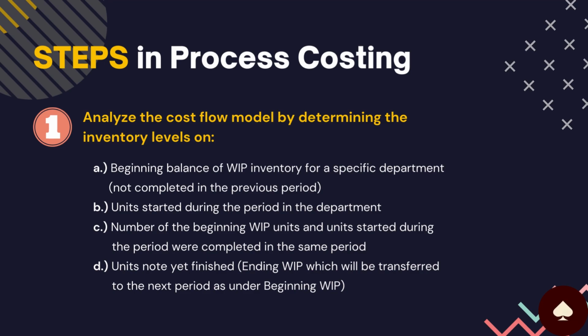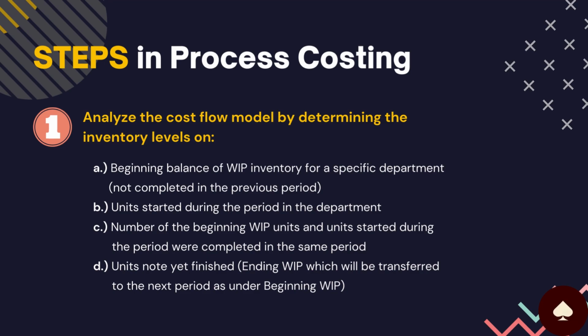Number two, units started during the period in the department. Of course, during that new or current accounting period, there are units that are already in the midst of the production process. So, the business or company will record them as it will be vital in the process costing system.